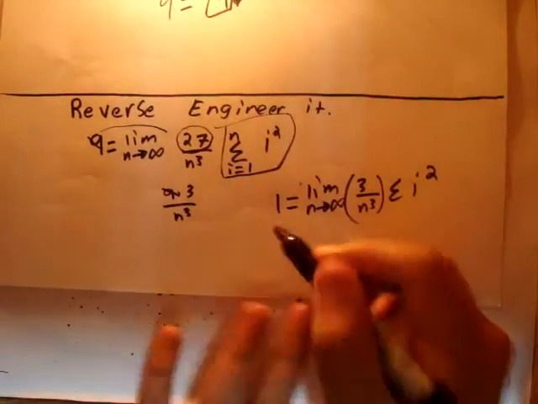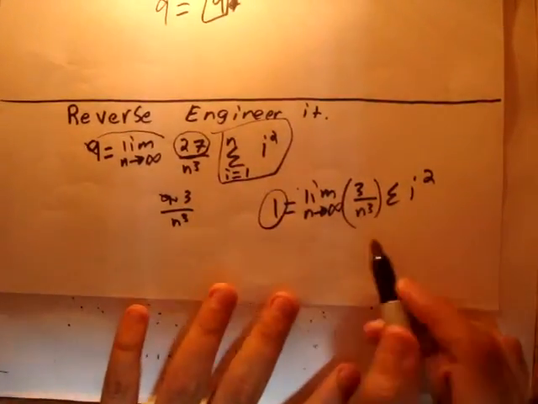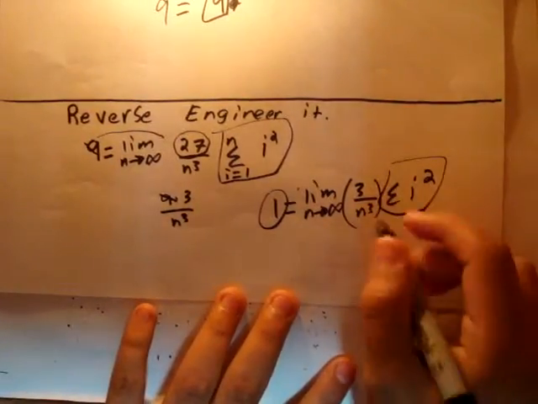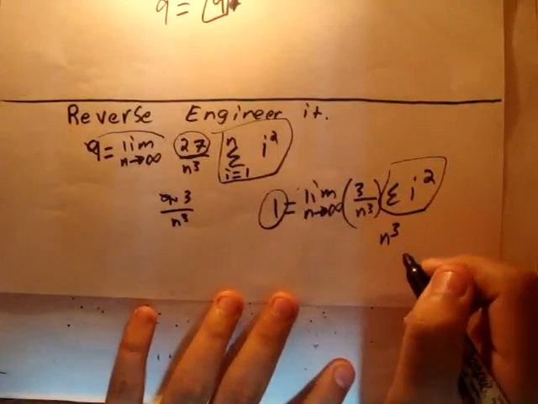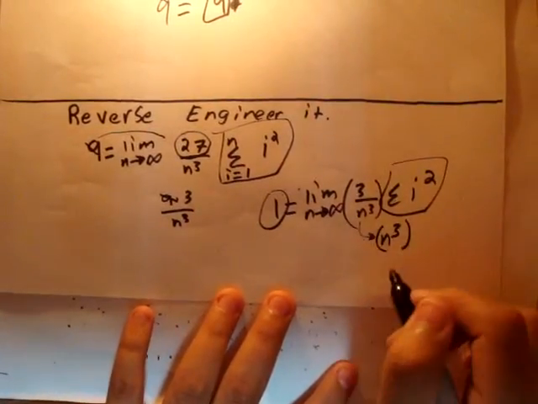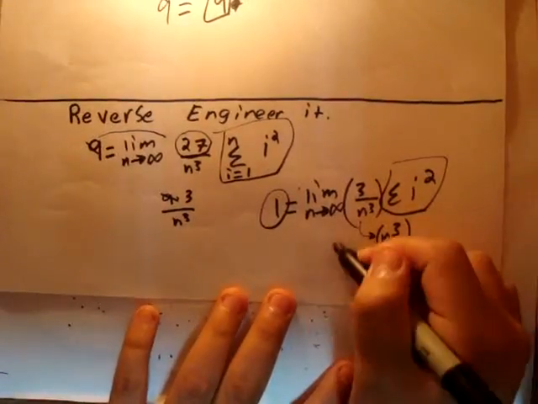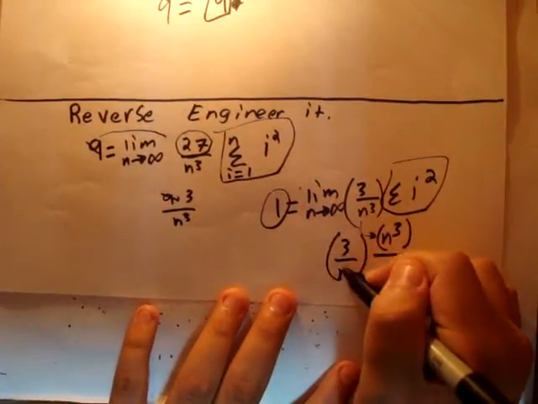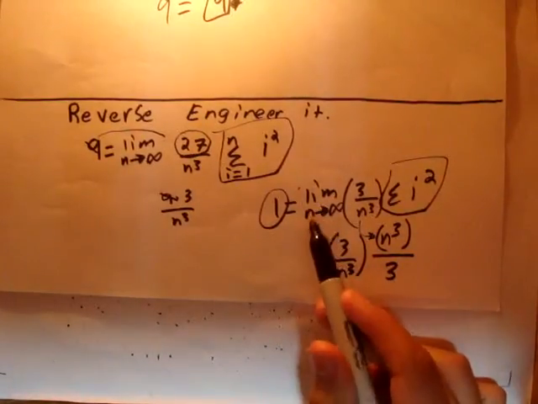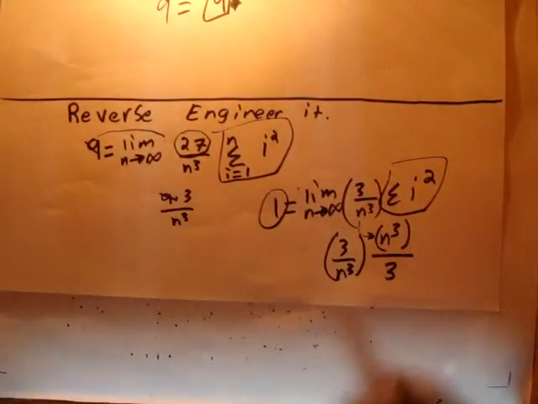Here outside we only see a 1. We don't see an n cubed in the bottom. In other words, the first term inside has to have an n cubed on the top, because when you multiply it times this, it's going to have to cancel out. It's also going to have a 3 in the bottom, because, remember, we're reverse engineering it. When you multiply them together, this must cancel out, this must cancel out, in order for the limit as n approaches infinity not to affect it.